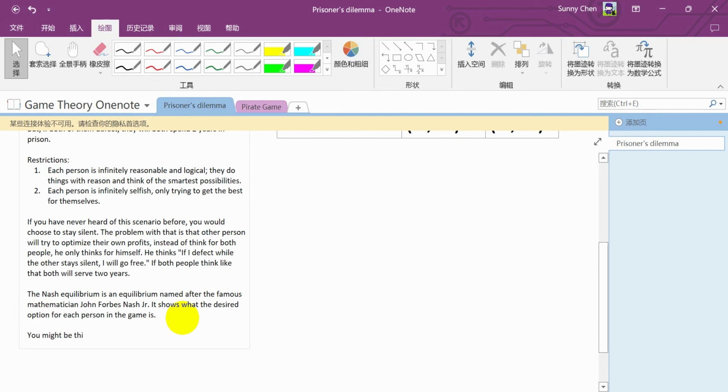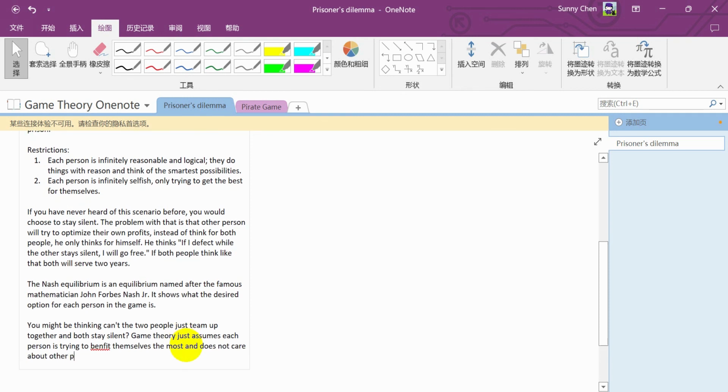You might be thinking, can't the two people just team up together and both stay silent? Well, game theory just assumes each person is trying to benefit themselves the most and does not care about other people, so they would choose to defect.